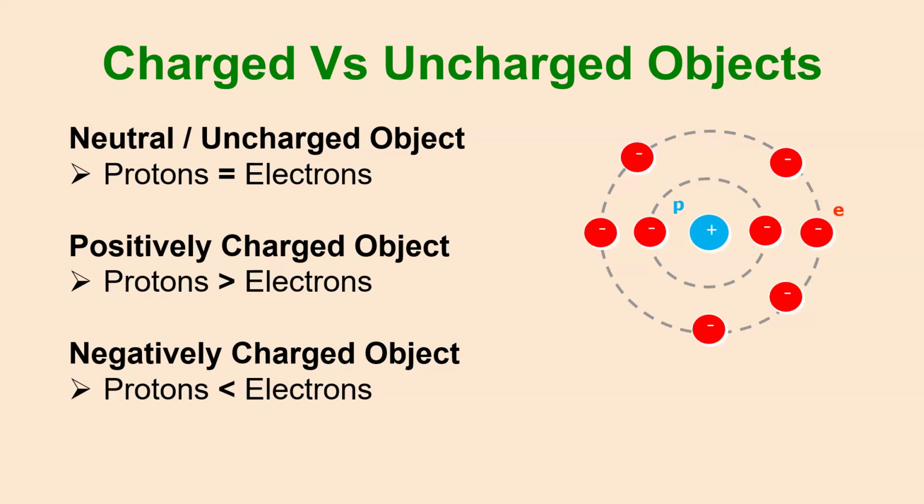It simply means that the number of positive and the number of negative charges are equal. If I'm positively charged, it means that I have fewer electrons. I have more positive charge than negative charge. If I'm negatively charged, it simply means that I have more negative charges than positive charges.